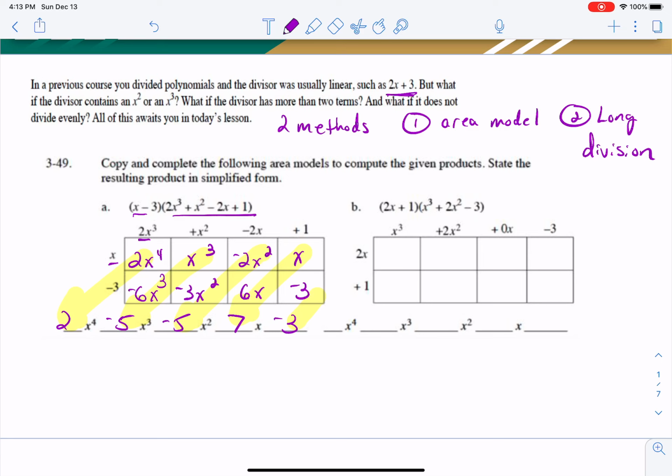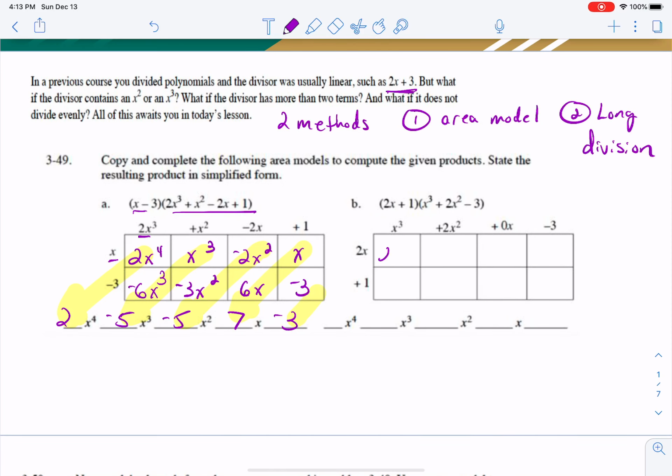So if we try one more multiplication problem using an area model, again, fill in each square of your area model by multiplying length times width. Zero times anything is 0.